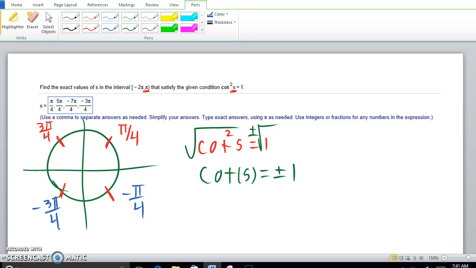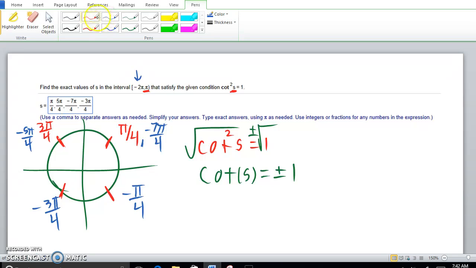Okay, and as we keep going around, so let's see, 1, 2, 3, this would be negative 5 pi over 4 right here. And then this one over here would also give us negative 7 pi over 4. So that's looking at the interval from negative 2 pi all the way to positive pi.